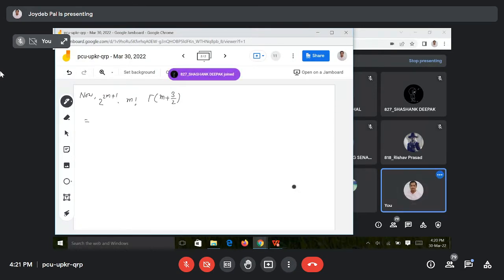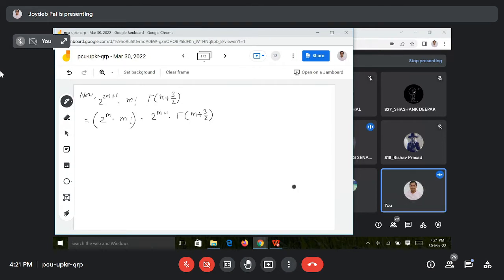Now I am writing this as 2 to the power m into m factorial, into 2 to the power m plus 1 into gamma m plus 3 by 2. Can I write this?